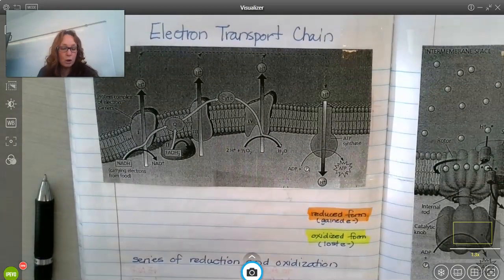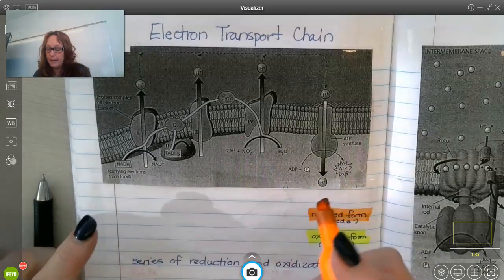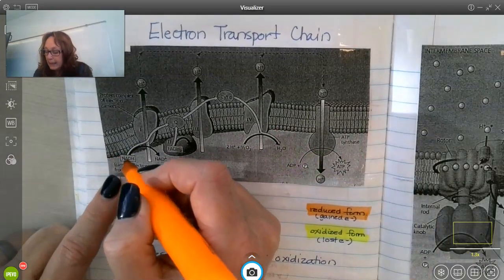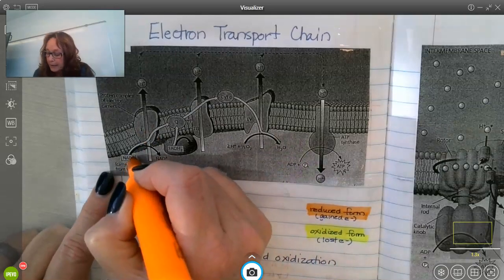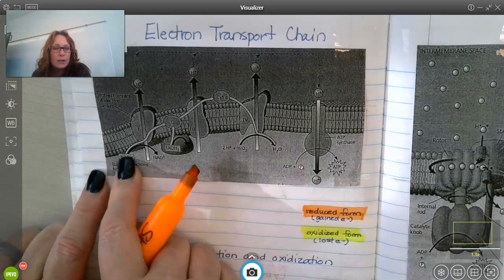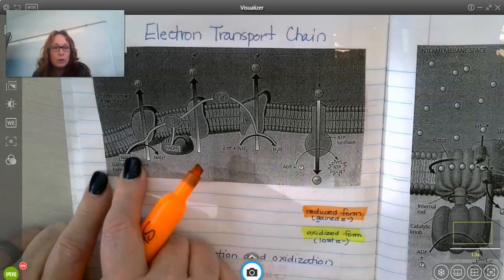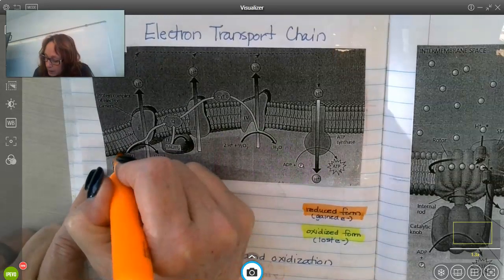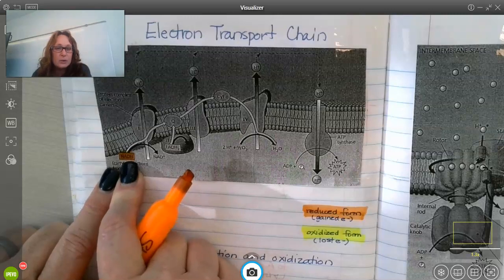So let's start off with who has electrons and what we're talking about. So we've been saying, you know, this is the full bus, NADH. It has, see it says, carrying electrons from food. If you have gained electrons, which means I have them on board, you are reduced. So NADH has electrons, it's reduced.